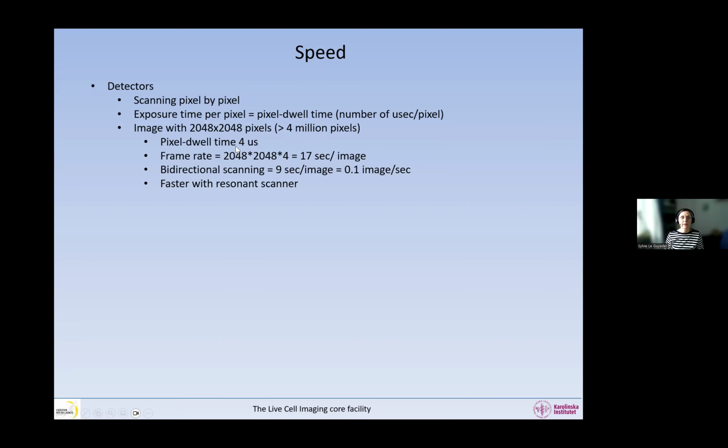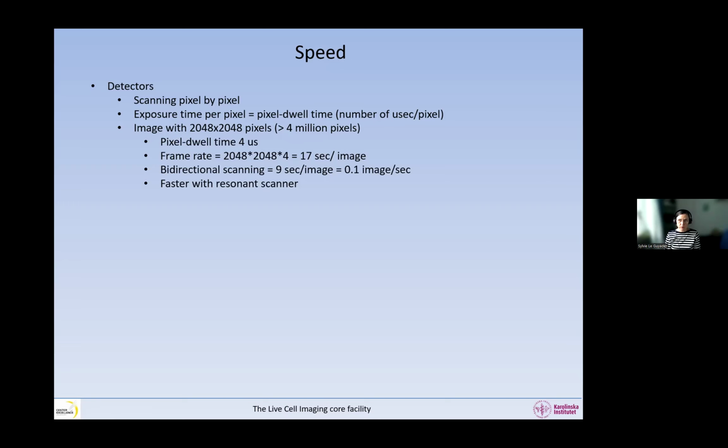And so if we image all these 4 million pixels with 4 microseconds each, then we end up with 17 seconds per image, okay?